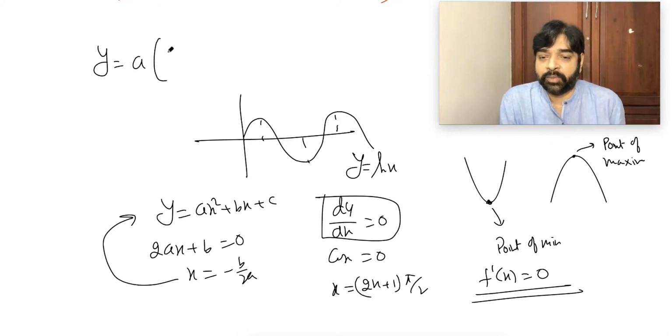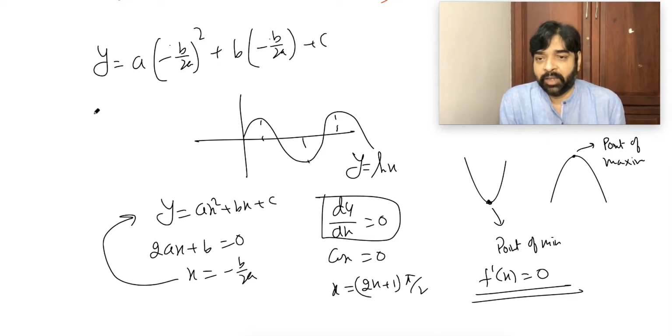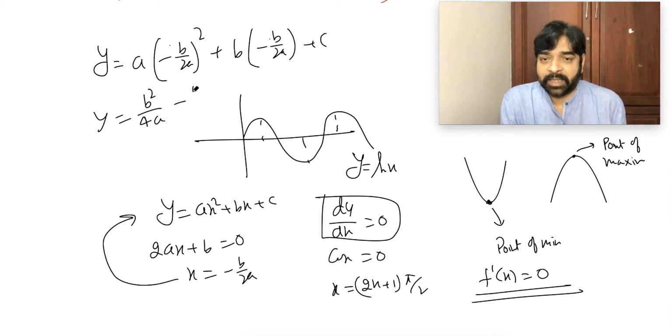So a into (minus b by 2a) the whole square plus b into (minus b by 2a) plus c. So y equal to, watch it, this becomes 4a square, b square by 4a square, one a will get cancelled, I will get b square by 4a minus b square by 2a plus c.